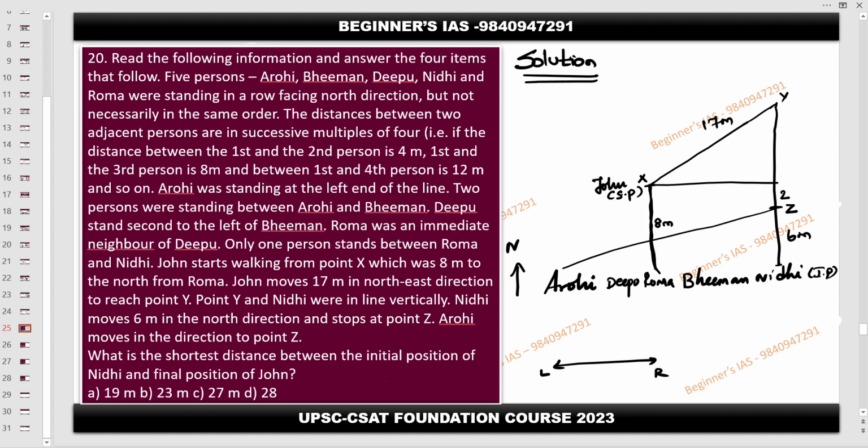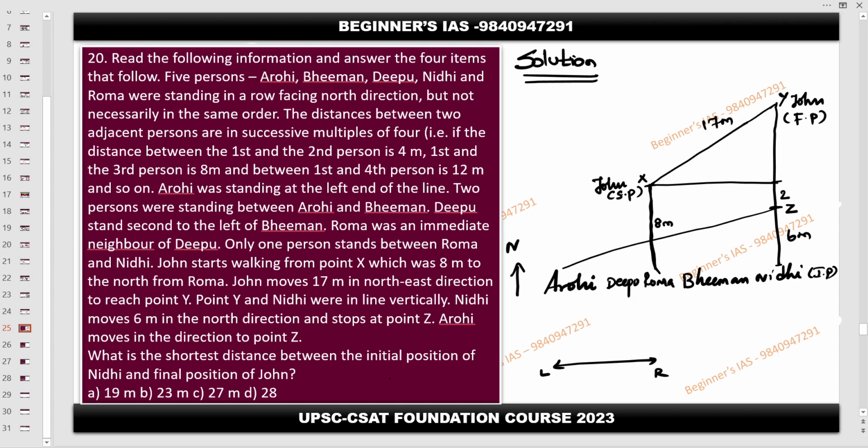John moves towards the northeast and reaches Y. Therefore John is right now here, and this is John's final point. So now the question is the distance between these. Now listen carefully. This is a total of 8, right? This is a total of 8. Yes, sir, 8 meters.